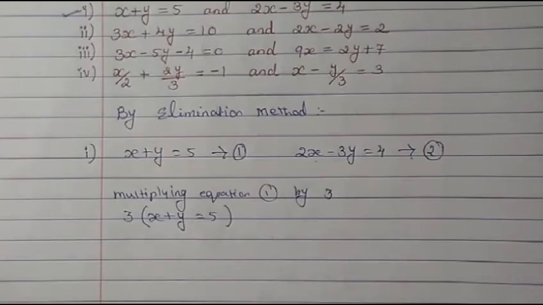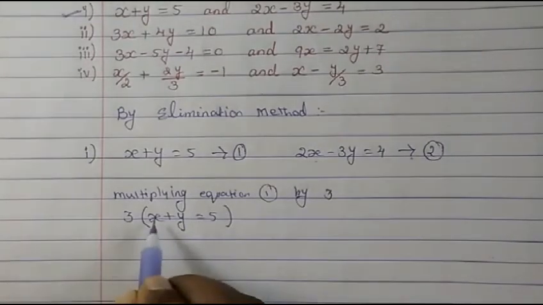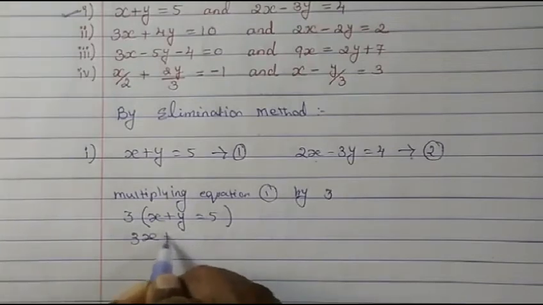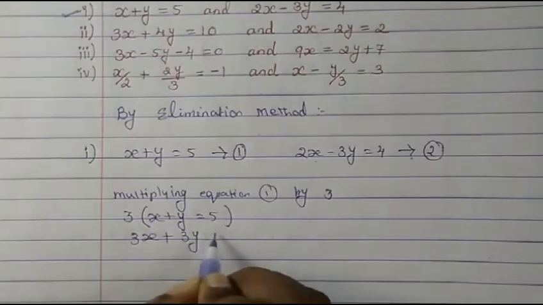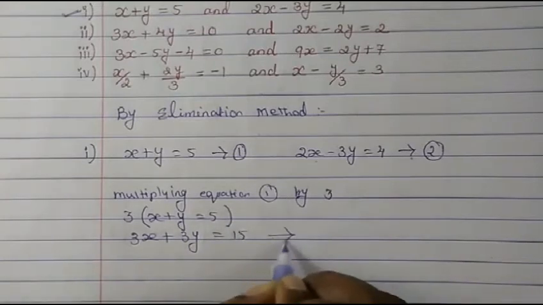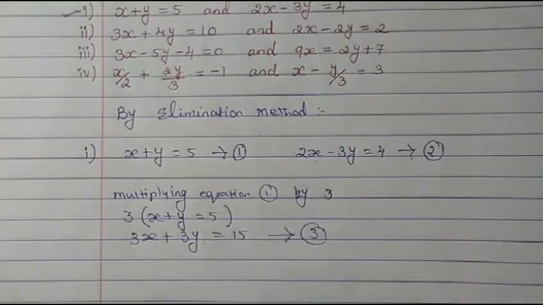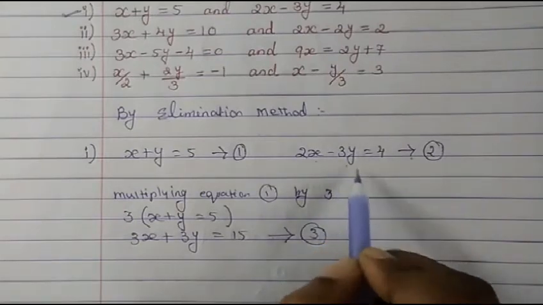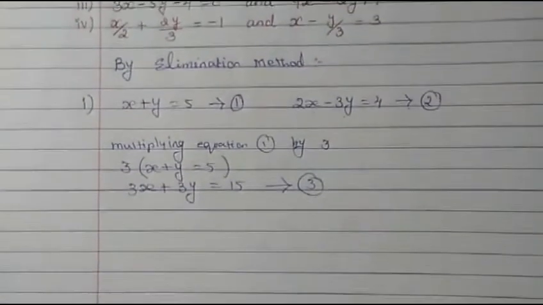Any one variable you can choose to make it same. When we multiply with 3, we will get 3x plus 3y equal to 3 fives are 15. So this becomes our new equation, that is equation 3. Now we got equation 3 with 3y, and in equation 2 also we have 3y. So now we can eliminate it.